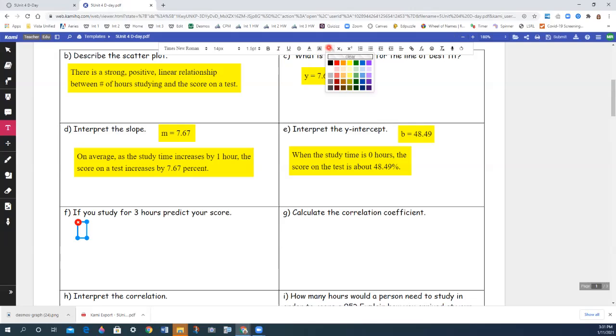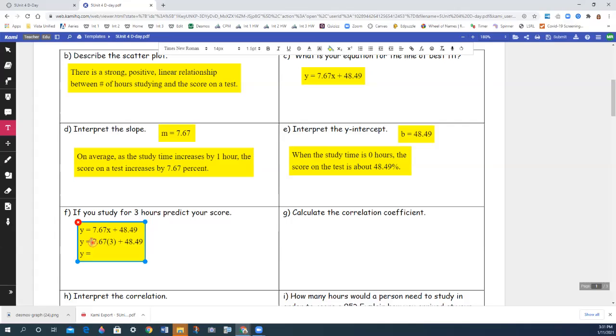So I'm going to go y equals 7.67x plus 48.49. Okay, that's the equation. My 3 hours is my x. So I'm going to go y equals 7.67 times 3 plus 48.49. And I want to see what I get.